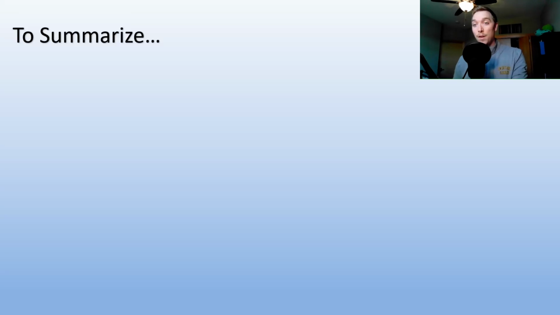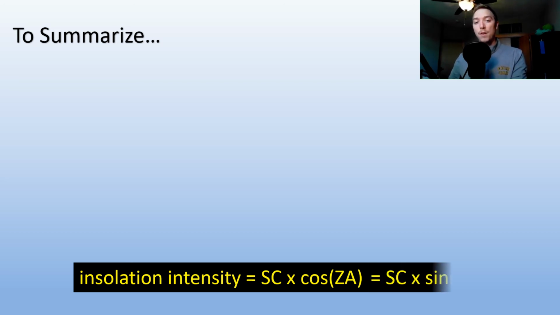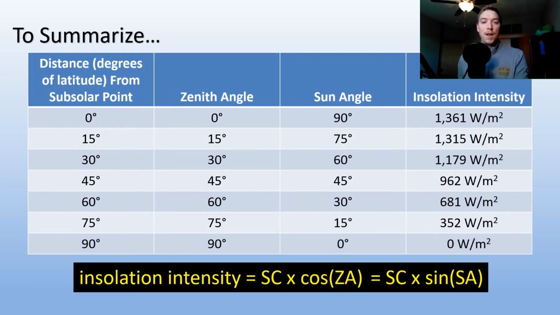So to summarize, insolation intensity is equal to the solar constant multiplied by the cosine of the zenith angle, or the sine of the sun angle. And here are what we just found, going from 0 degrees of latitude from the subsolar point all the way to 90, how those insolation intensities change. And this has been pretty well graphed out.